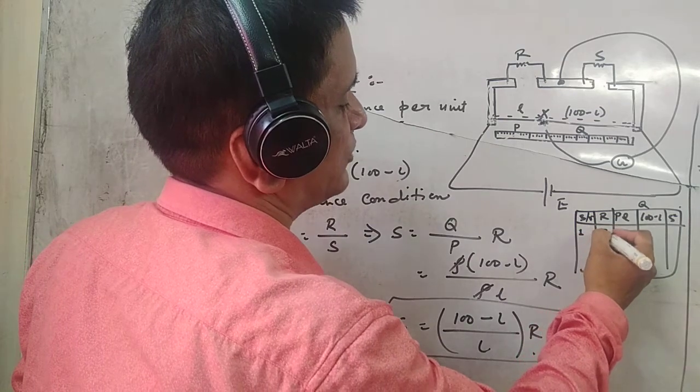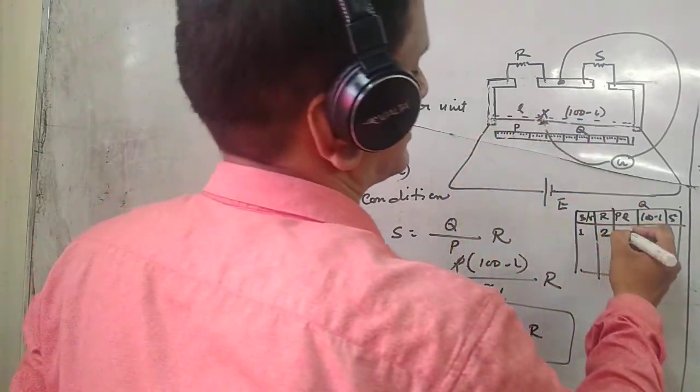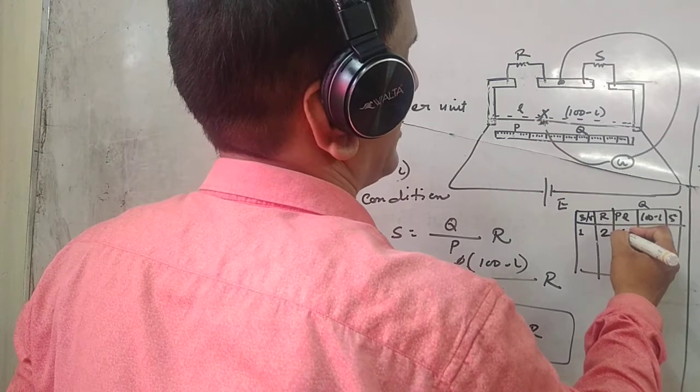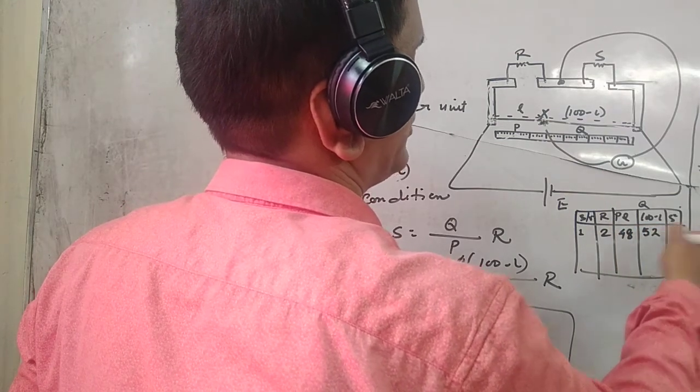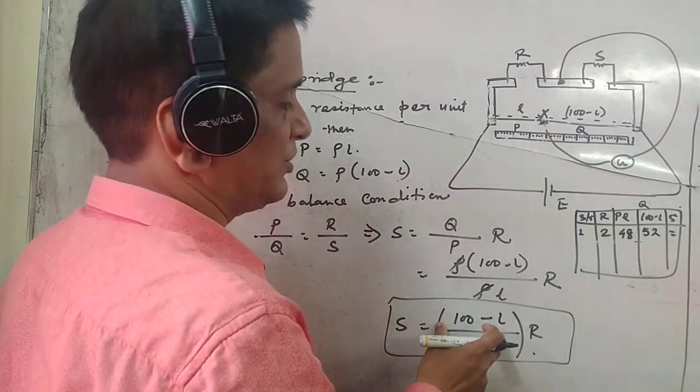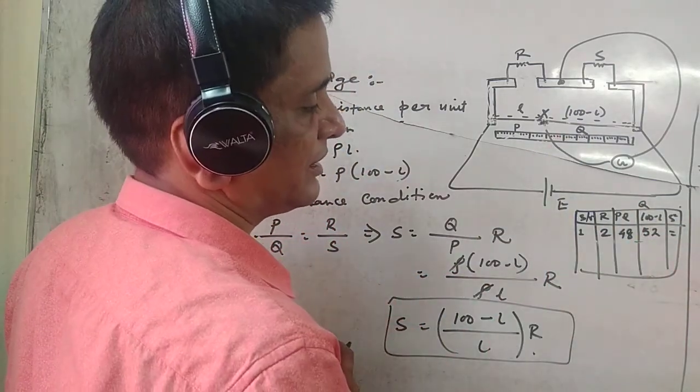Suppose we have taken the value of resistance R, and suppose length 48 is the balance point, so Q will be 52. By putting all these values in this formula, we can get the value of S.